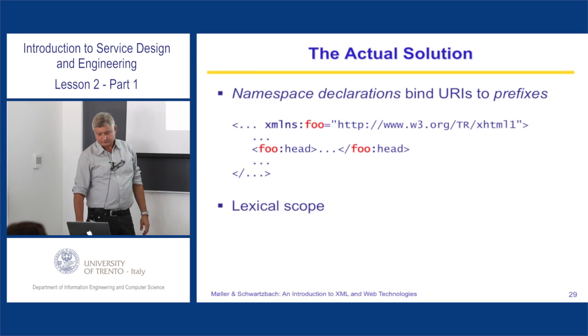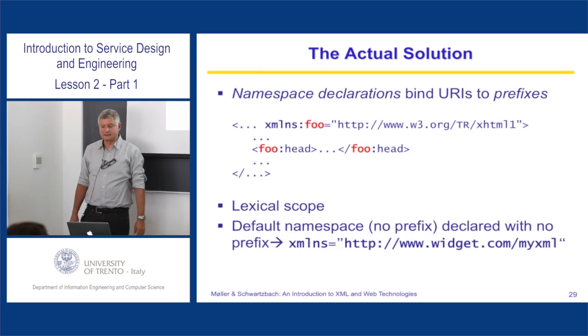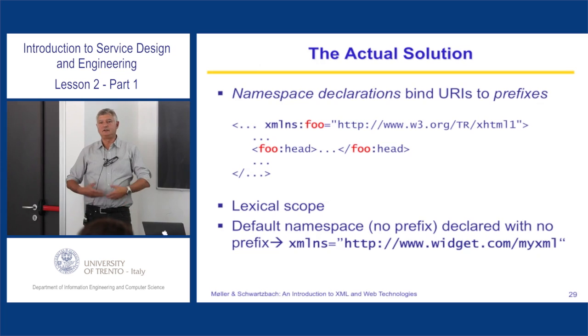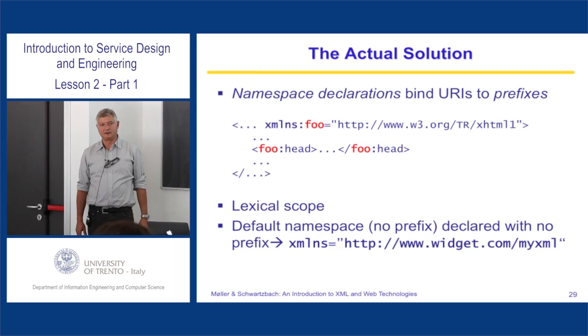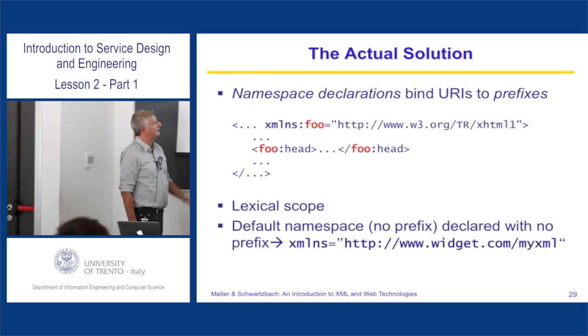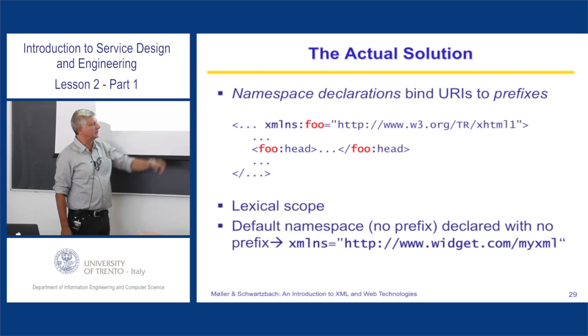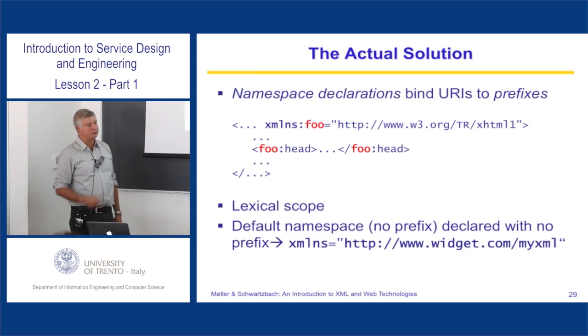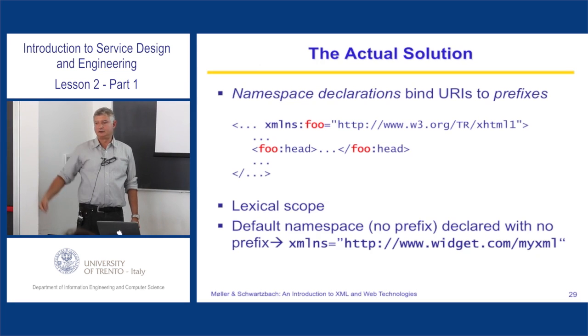Or you can have a lexical scope, in the sense that you can use a default namespace, and that's the typical thing that is done. In every file you can specify at least one default. That means that all the tags in your file are going to be attached to this particular sub-language. You do it only once in the header, and then you don't need to do it again.